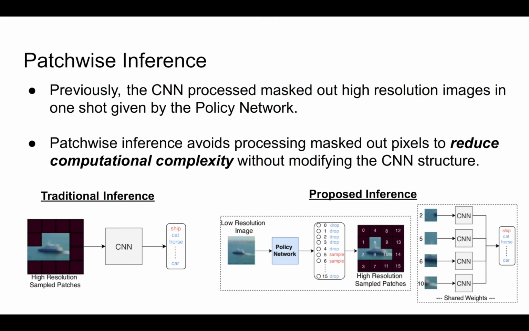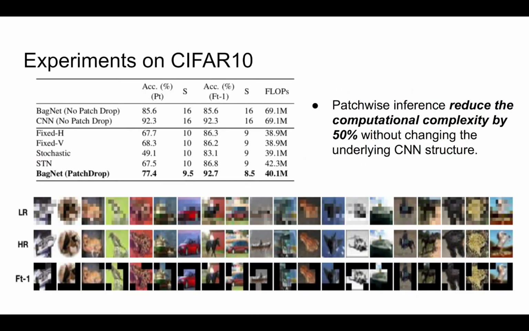Finally, we sum up the patch-level predictions to compute image-level predictions. We perform experiments on CIFAR10 where we can reduce the number of FLOPs by about 50% while maintaining the accuracy of the high-resolution CNN. We want to highlight that this approach does not change the underlying structure of the CNN, and we can visualize the learned policies in the bottom figure, in the third row.